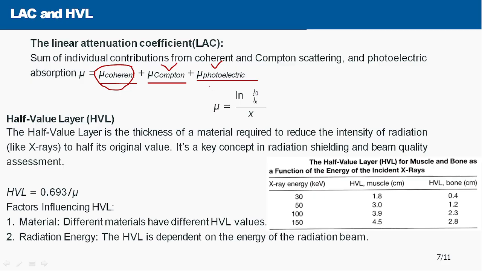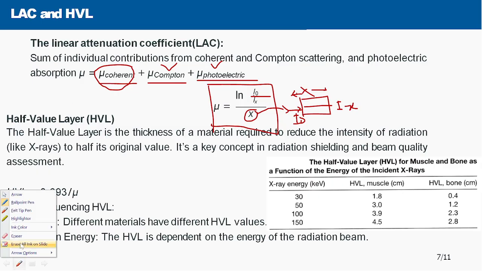So combined, this linear attenuation coefficient mu is ln I0 by Ix divided by x, which is the thickness of that mass through which this energy has been passed. I0 is the initial intensity, and after passing through the mass we get the intensity Ix. So this is all about the linear attenuation coefficient.